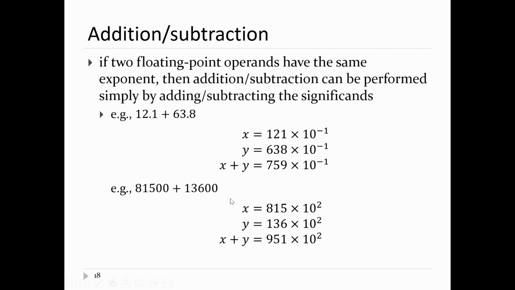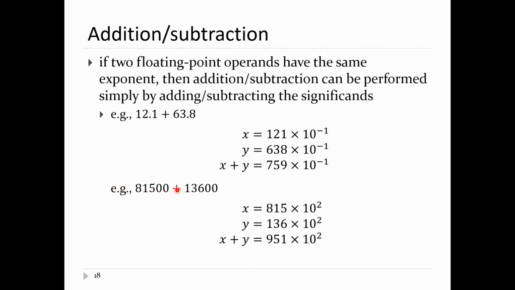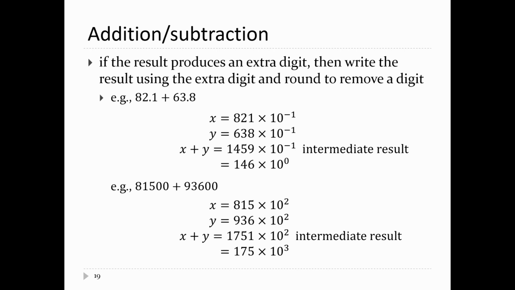Same thing for the second example. Write down both values using their floating point representation, sum, or take the difference if you're subtracting. So here I get 951 times 10 to the 2. Now, what happens when you add two values? Obviously you can end up with a fourth digit.